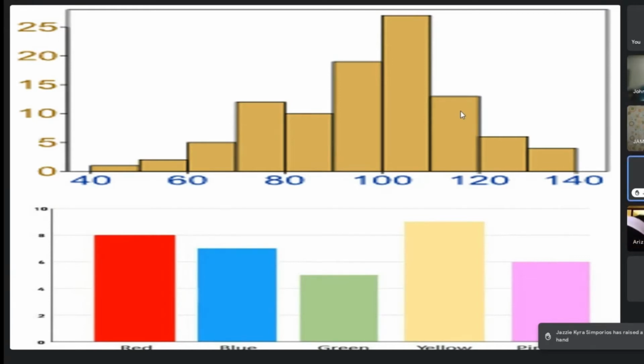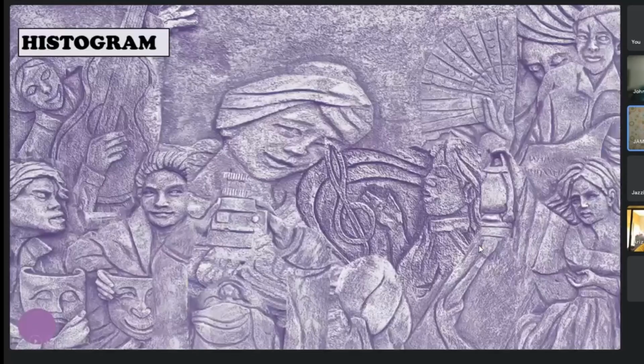Sa histogram po, magkatabi po sila. Sa bar graph po, hindi magkahiwalay. Okay, good observation, Jazzy. So, unlike bar graphs, histograms have no spaces between them, while bar graphs have. There are spaces between the bars.